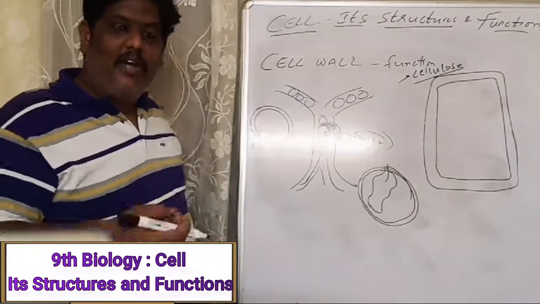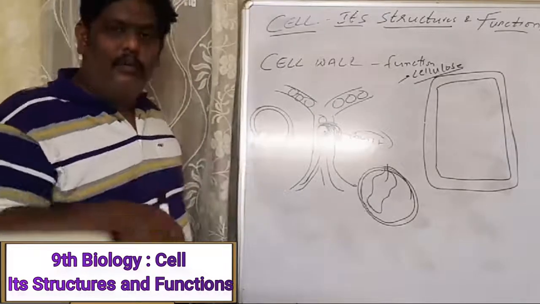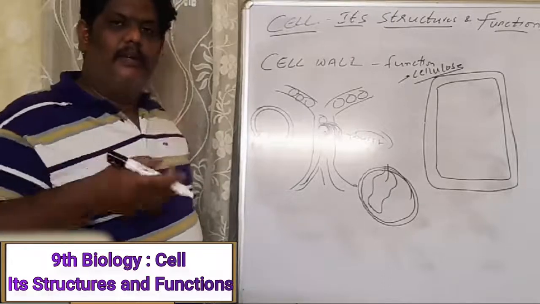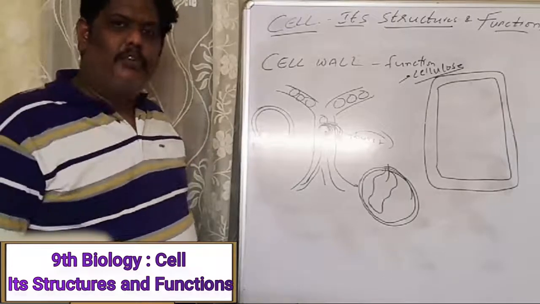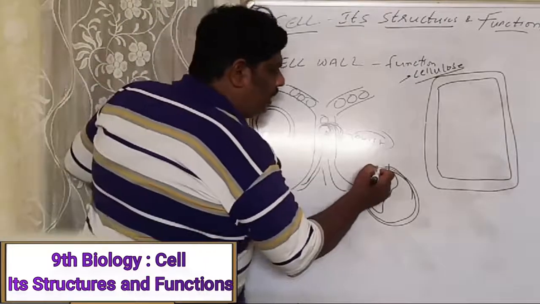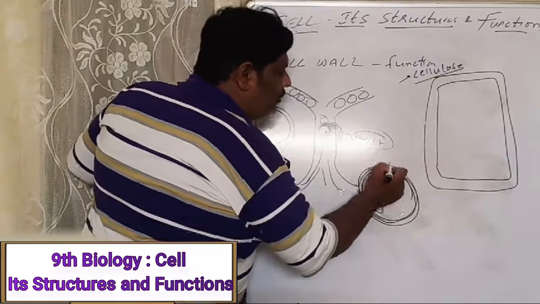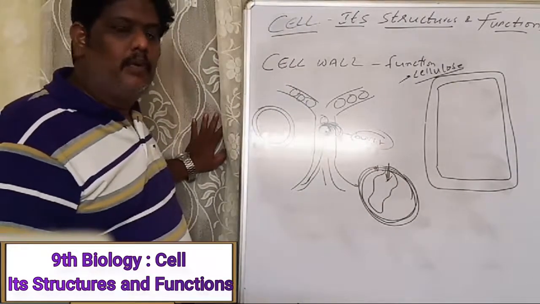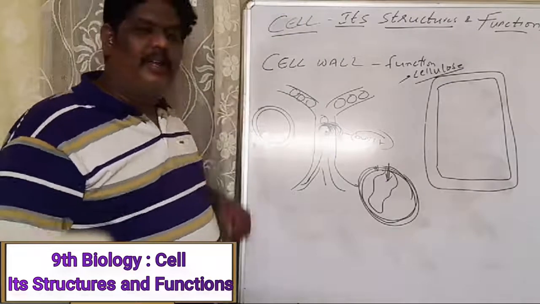It will not allow more air in. If you keep on blowing air, the pipe of the pump will come out forcibly, because the outer layer will not allow more than the required air into the balloon. So it will definitely come out.